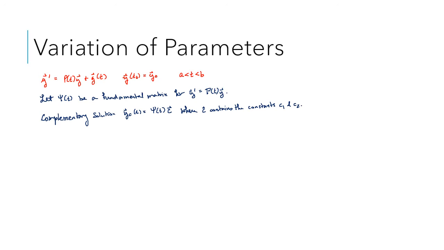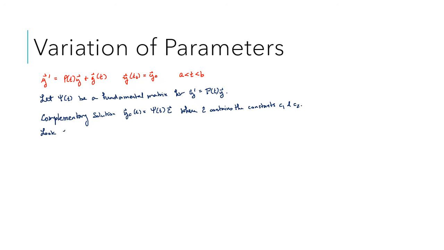Now, the next thing I'm going to do, remember, is take that complementary solution and multiply by some unknown function u. It's the same thing we did back in the situation where we had a single second order differential equation. It's just now, instead of u being a scalar function, u is going to be a vector function.